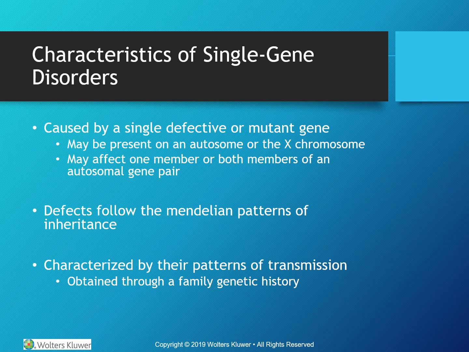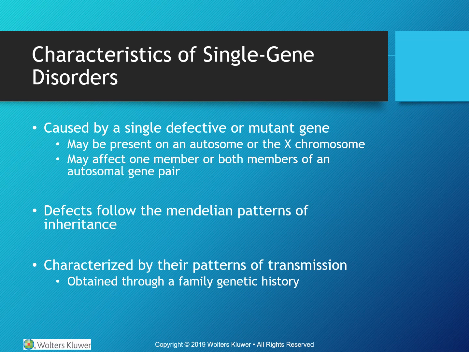Characteristics of a single gene disorder can be caused by a single defective or mutant gene. It can follow the Mendelian pattern of inheritance, which was established by scientist Gregor Mendel back in 1865, when there was the identification of genes as dominant or recessive, and where we now understand homozygotes and heterozygotes.